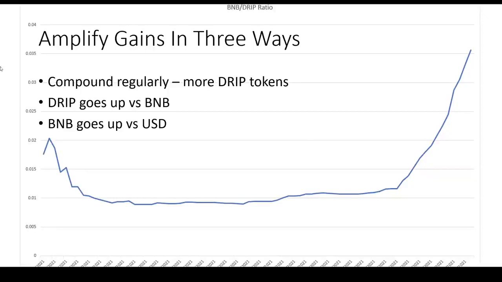So if you're compounding regularly, and the DRIP is going up versus BNB, and BNB is going up against the dollar, you are amplifying times amplifying your gains in this, and it can turn into a very large daily wage for you.